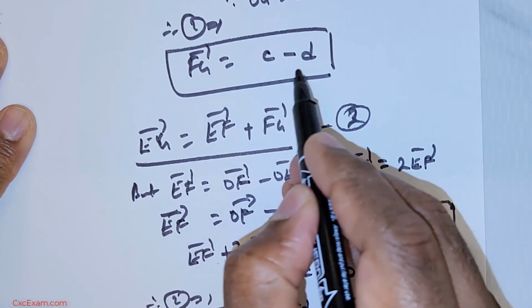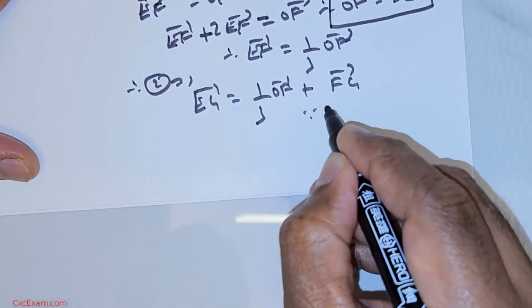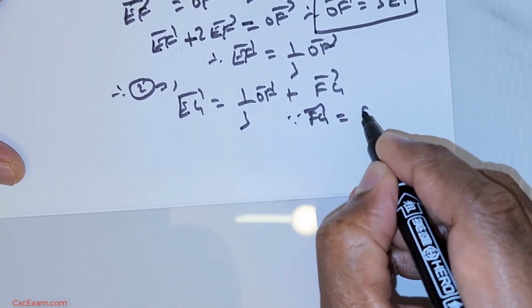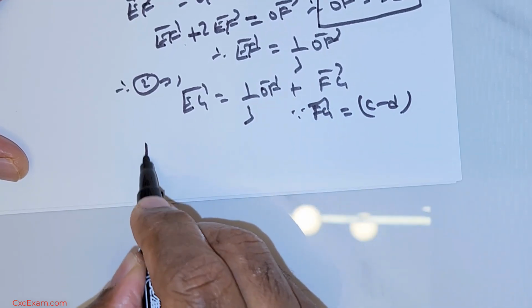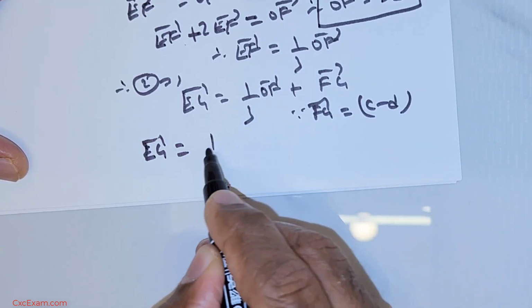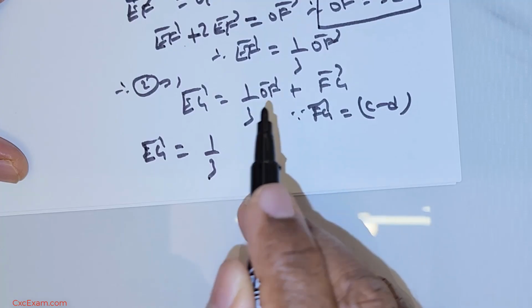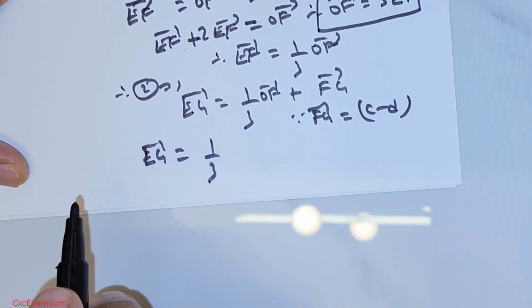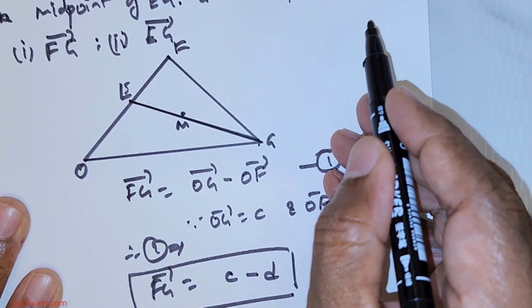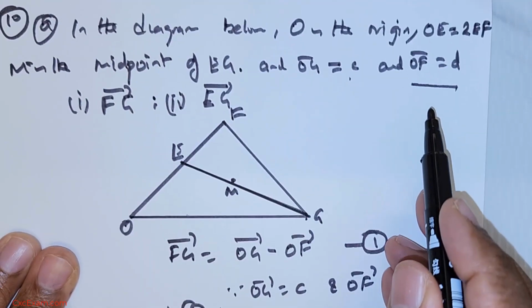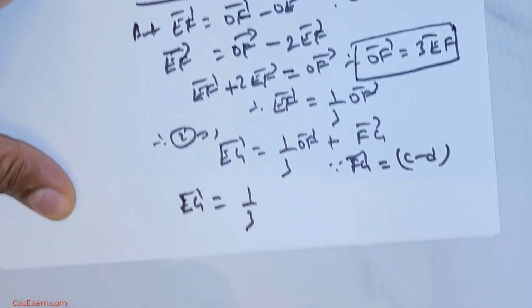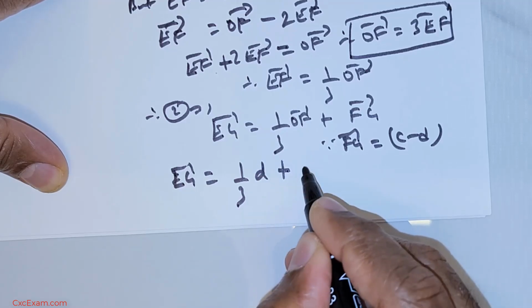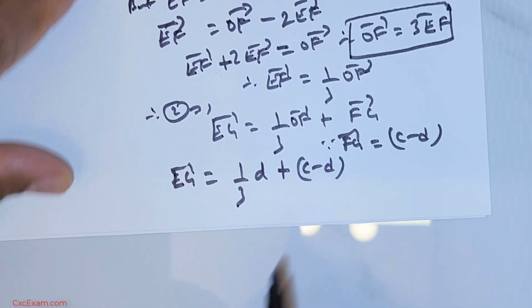FG is C negative D, so you can state that FG vector is evaluated as C negative D. So EG vector is equal to 1 over 3 times OF. What is OF? Now OF vector is D, is it not? So we need to substitute that. So this is D positive C minus D.